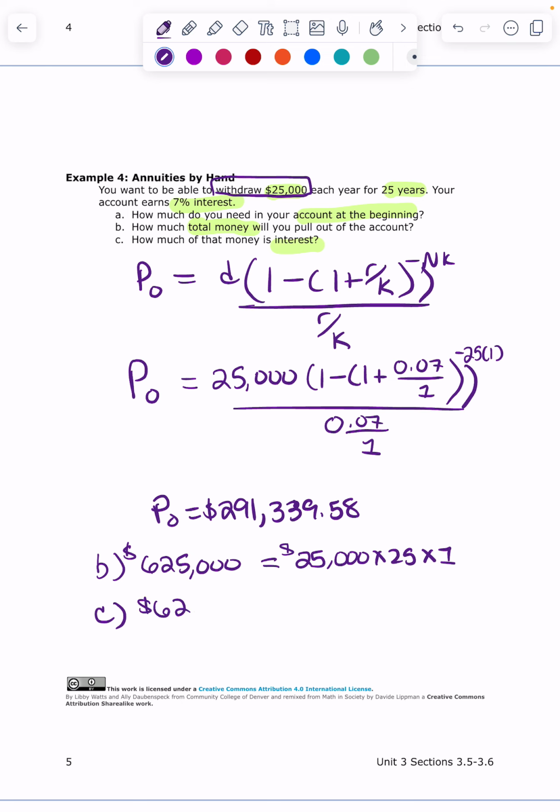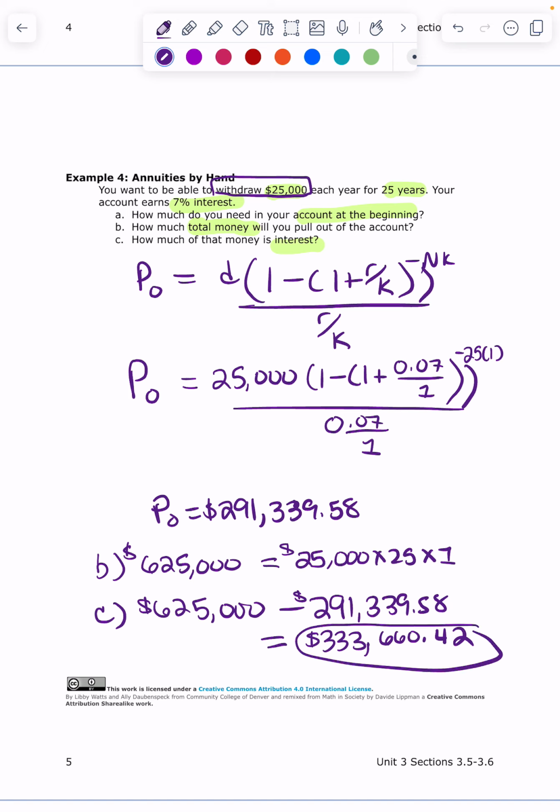So you can get that from the spreadsheet, but you can also just subtract the two values, how much you got in total and how much you actually had to put in. The rest would be interest, and that's $333,660.42. So just circling all my answers here.